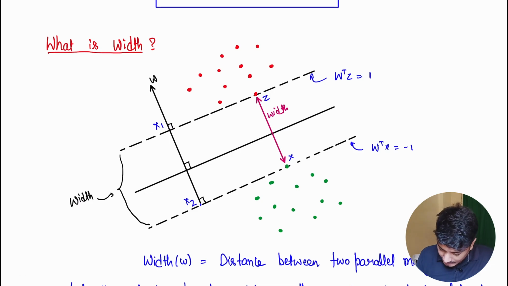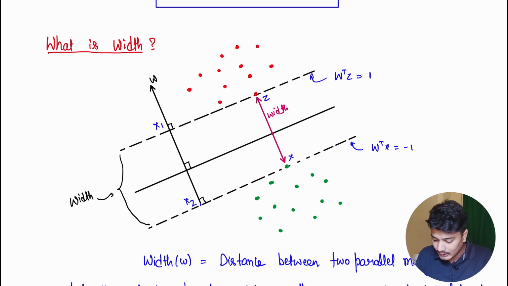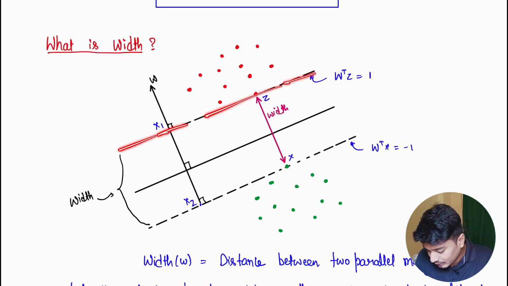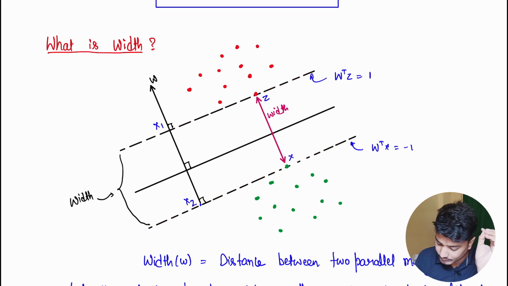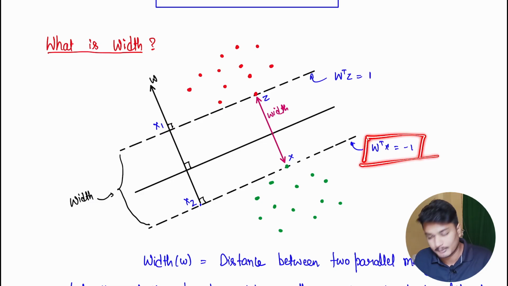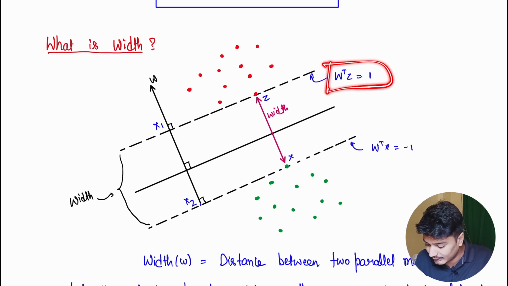Let's say this is our plane and these are our data points, and this is our boundary. If we take this point and this point, this will be the margin, which is what we want, the maximum margin. Let's say this point is x and this point is z. For this, W transpose x is, let's say, -1 because this is considered as -1, and W transpose z is 1.